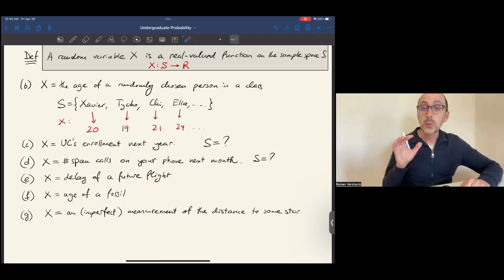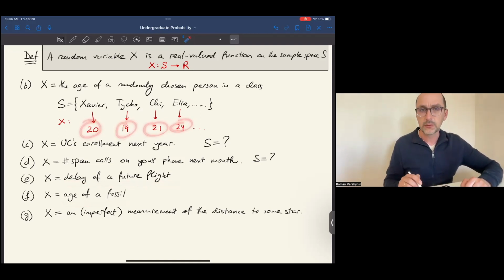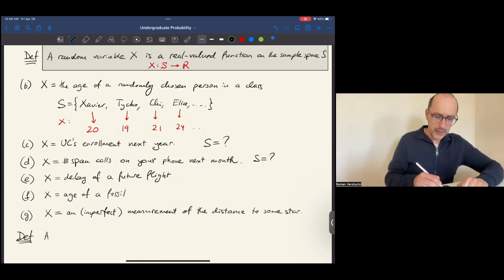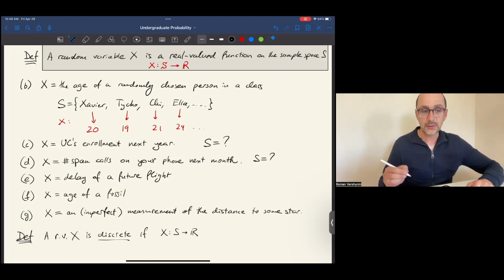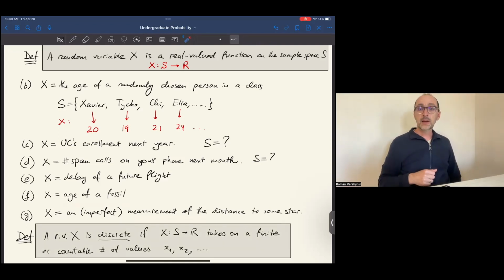In this course, we will first study discrete random variables, those that take on finitely many values, or maybe countably many values. So a random variable X is called a discrete random variable if, as a function, it takes on a finite or countable number of values, x1, x2, x3, and so on.